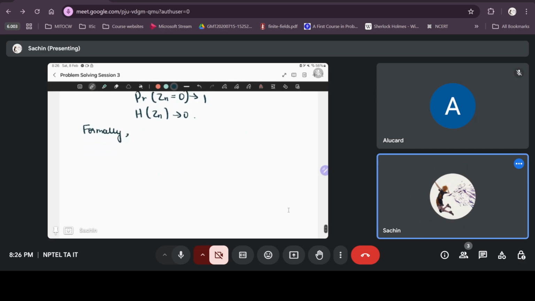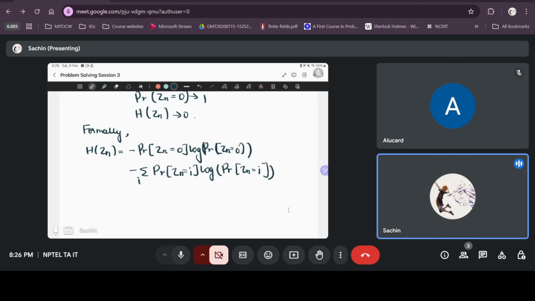Formally, we would write it as follows: H of Zn is minus probability Zn equals 0 log of probability Zn equals 0, minus summation over all i, probability that Zn equals i log of probability that Zn equals i, where i is not equal to 0, because we have already taken care of Zn equals 0.